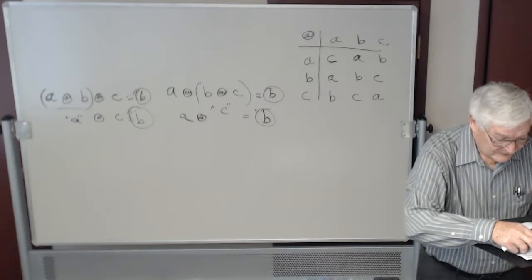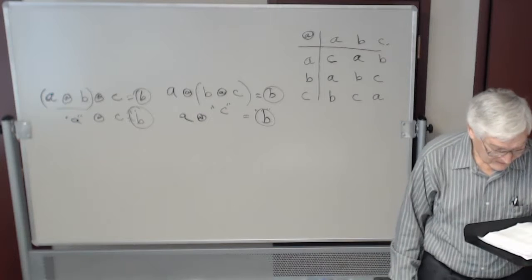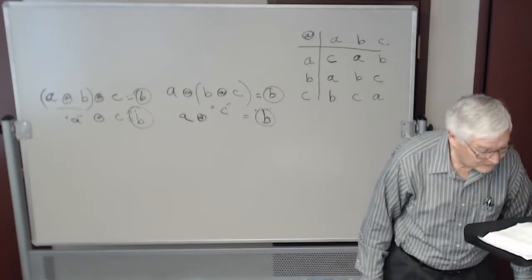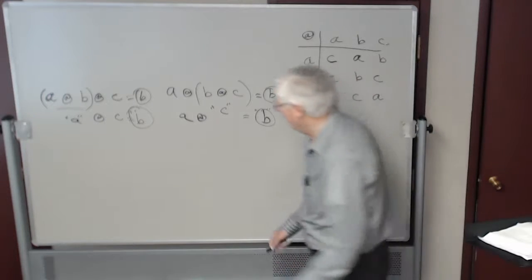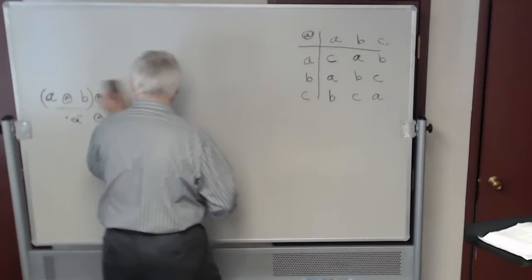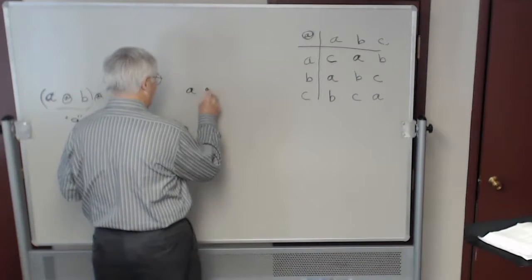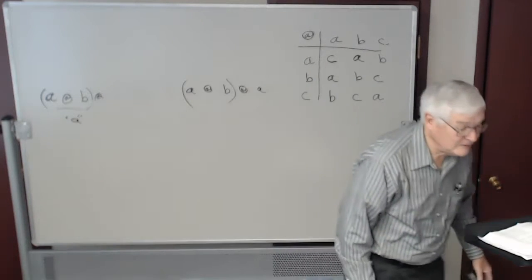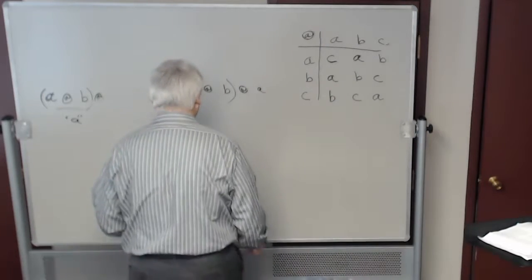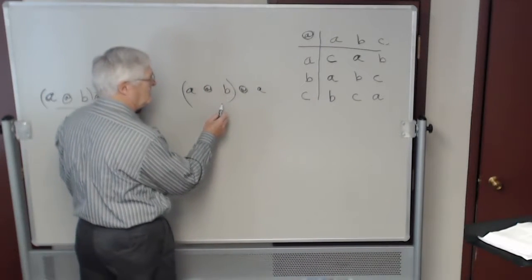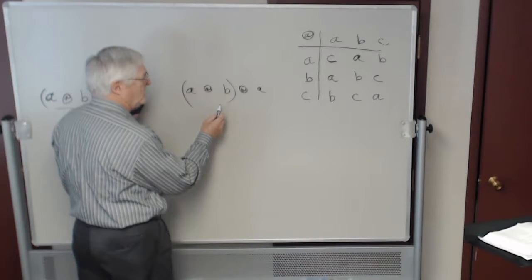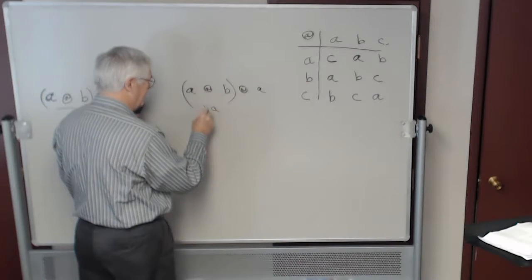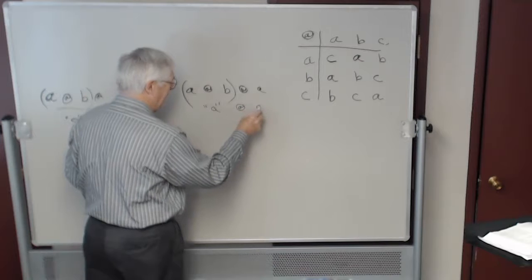Okay, number 4. Find the following. What do they tell me to find for number 4? A at B at A. Is it the A and the B that's in parentheses? Good. What's A at B? A at B is A. And what's A at A?